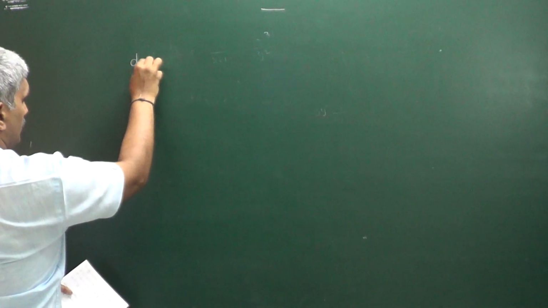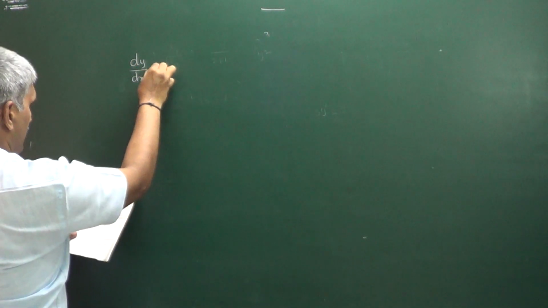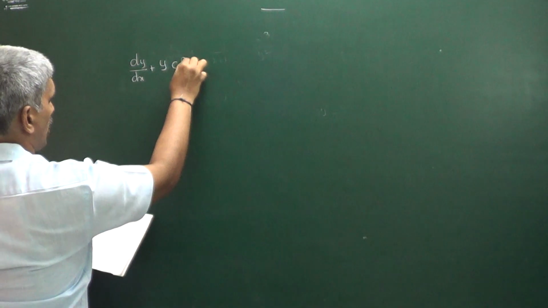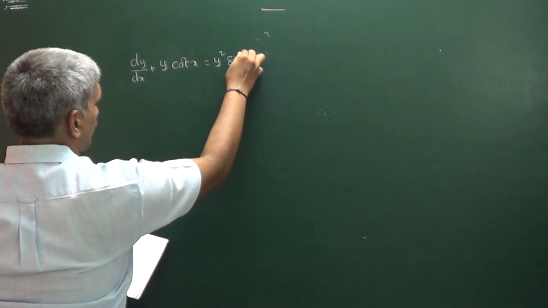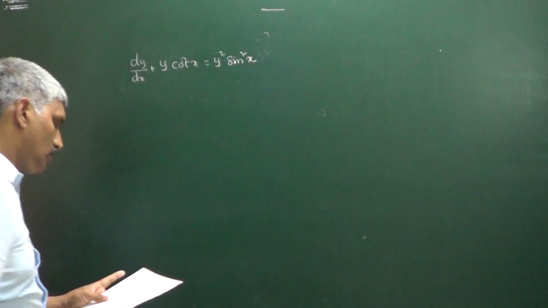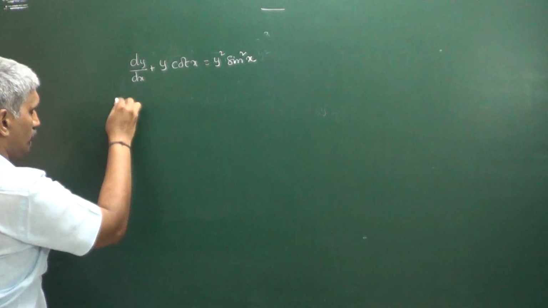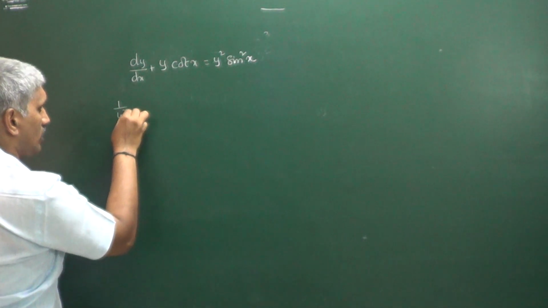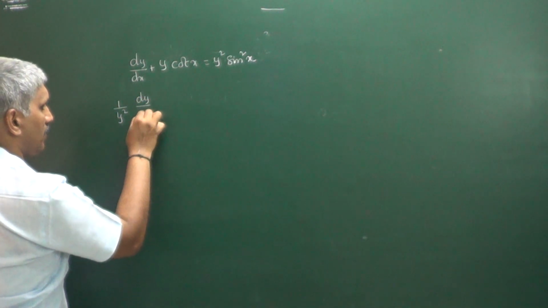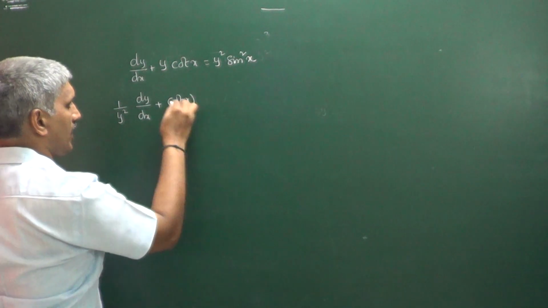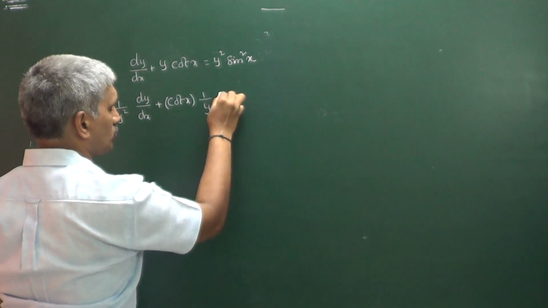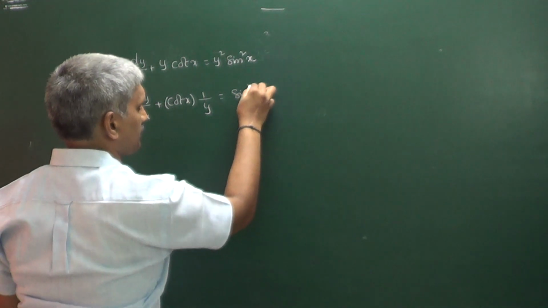So we have another question here: dy by dx plus y into cot x is equals to y square into sin square x, right? Now divide with y square. If you divide with y square, what happens? 1 by y square into dy by dx plus cot x into 1 by y is equals to sin square x.